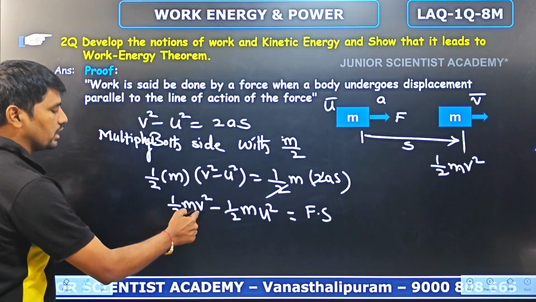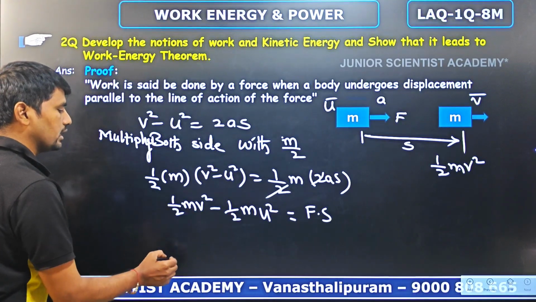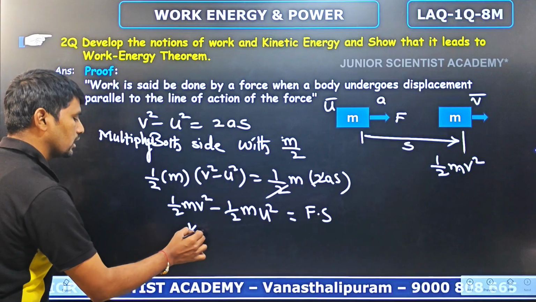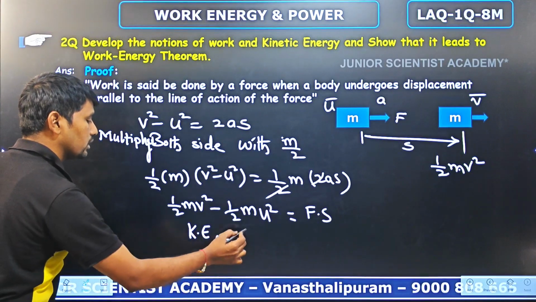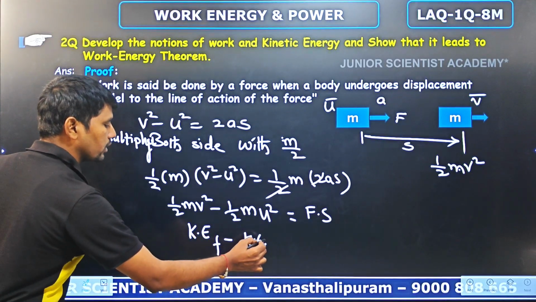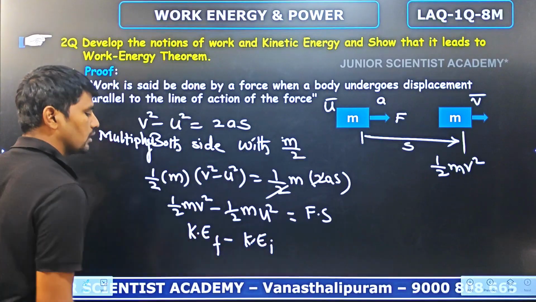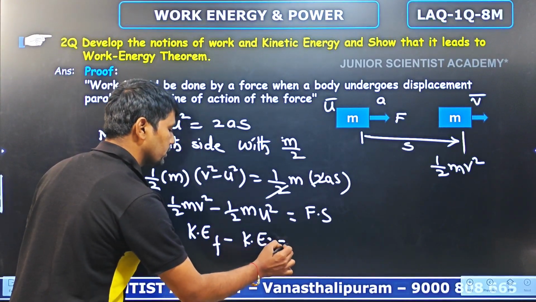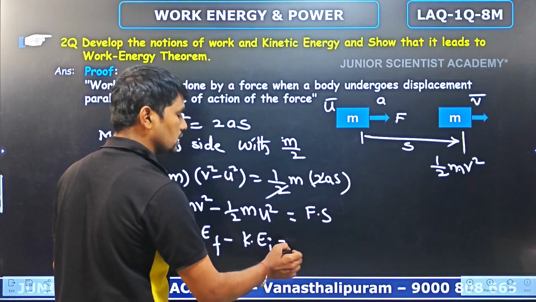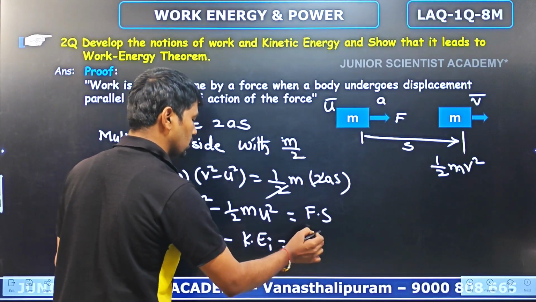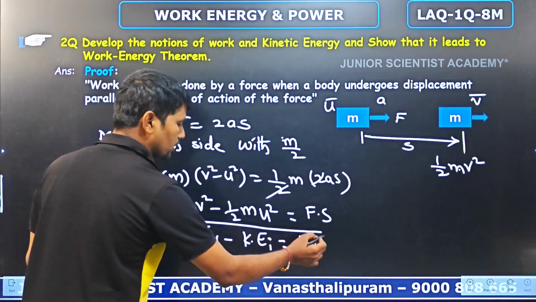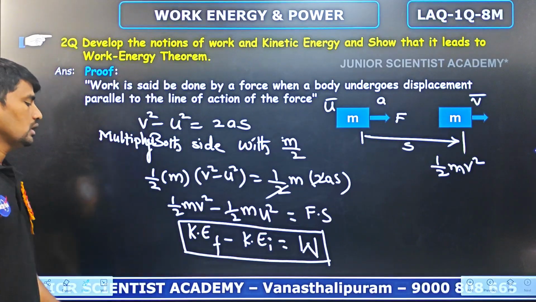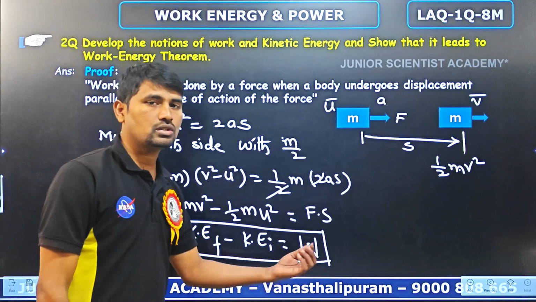This is the final velocity, this is the initial velocity. So final kinetic energy minus initial kinetic energy is equal to force into displacement, which is work. Hence proved: the change in kinetic energy is equal to work.